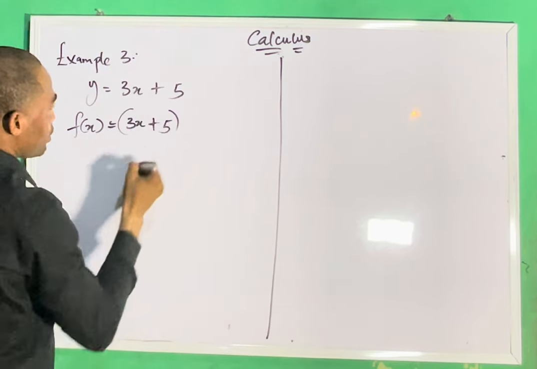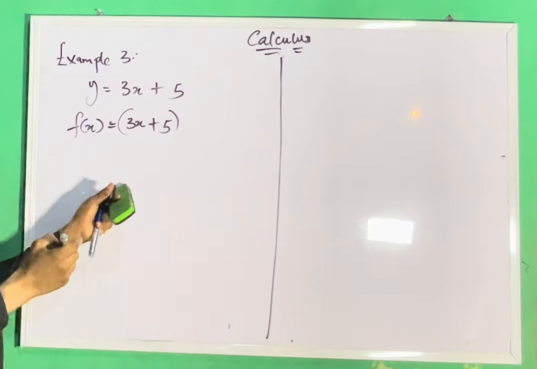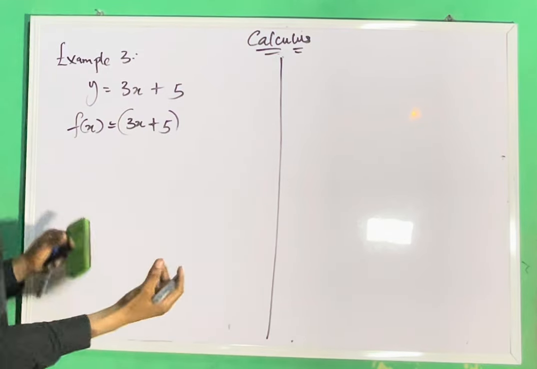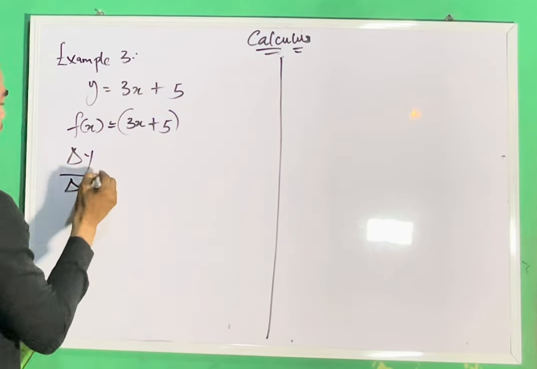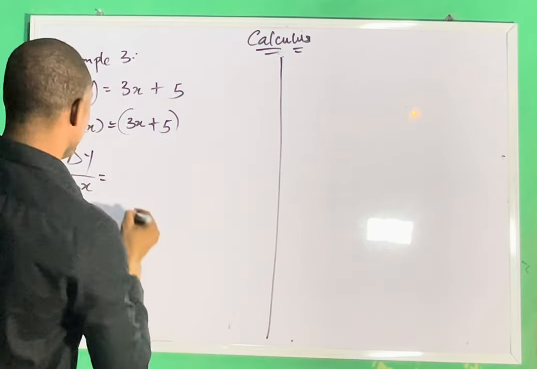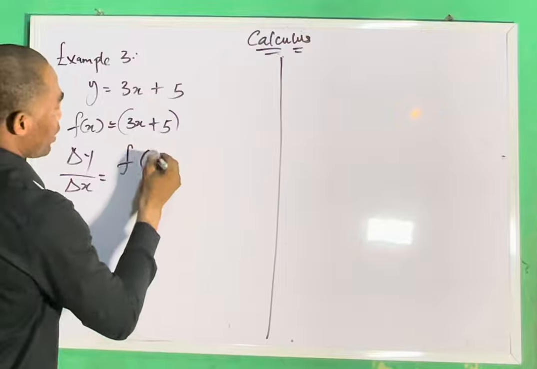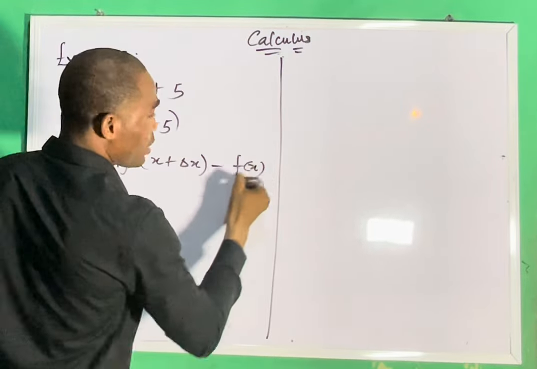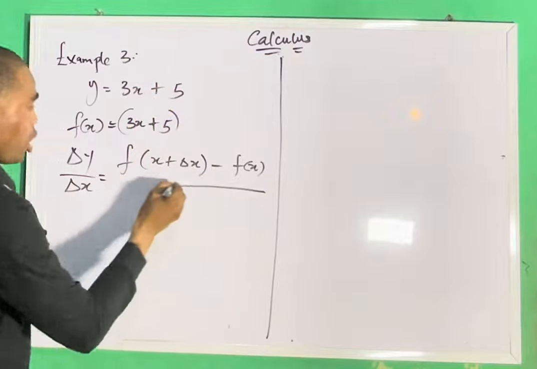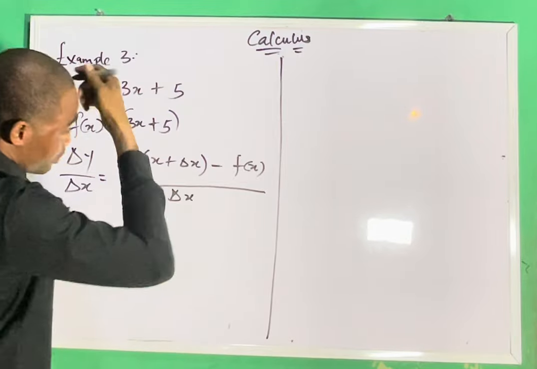That's your f of x also. So now, when we bring in your friend, which is the first principle function, which is going to give us f of x plus change in x minus f of x all over change in x.